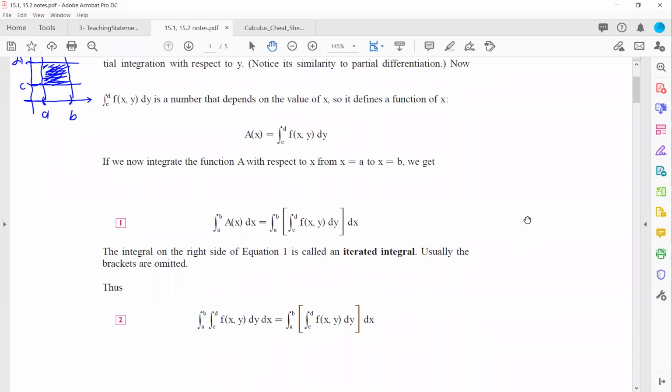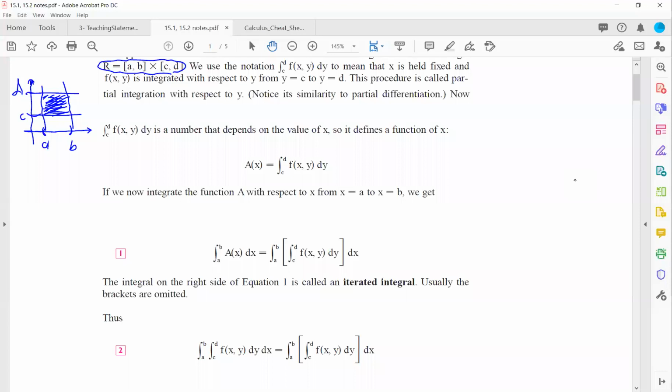So officially, to define the double integral, a to b, then c to d of a function like f of x and y with respect to two variables. Again, take a look at this shape. You have x-axis and you have y-axis.